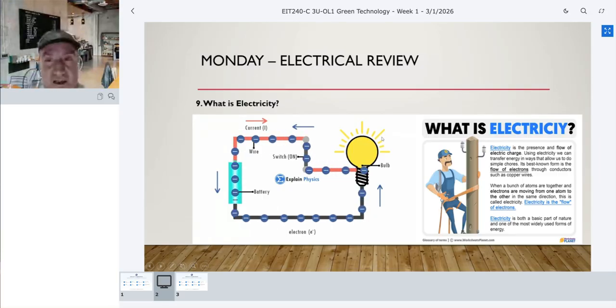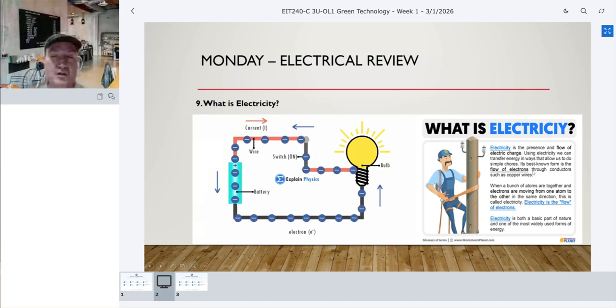So what is electricity? It's a flow of electrons, right? So, more information in here. They say electricity is the presence or flow of electrical charge. Using electricity, we can transfer energy in ways that allow us to do simple tasks, right? The best known form is the flow of electrons.